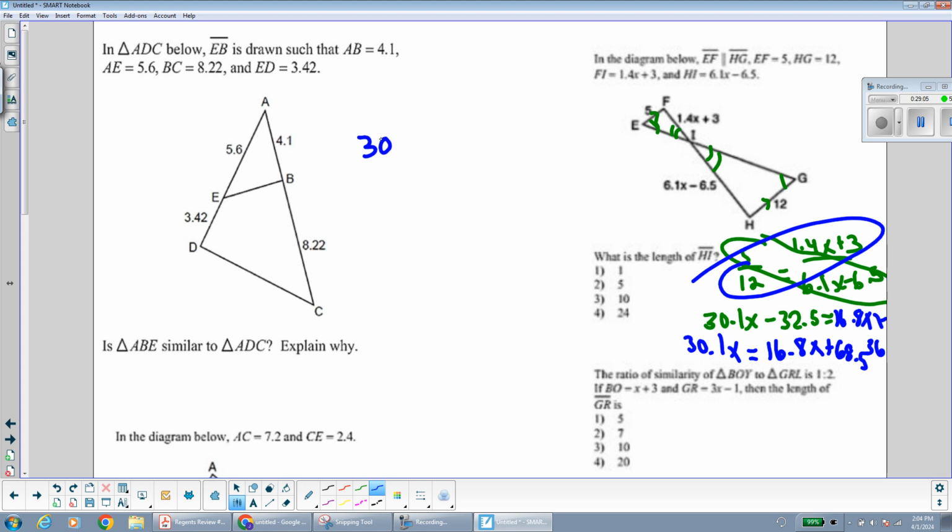So far, just from this step over here, we have 30.1x equals 16.8x plus 68.5. Okay, so I'm going to subtract 16.8 from both sides. So 30.1 minus 16.8 is 13.3.